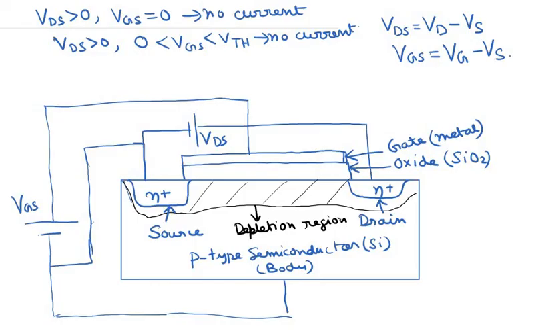Now, when VGS is further increased and surpasses the threshold voltage VTH, then a thin layer of electrons is induced at the surface.